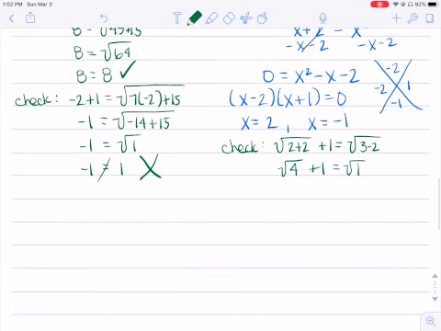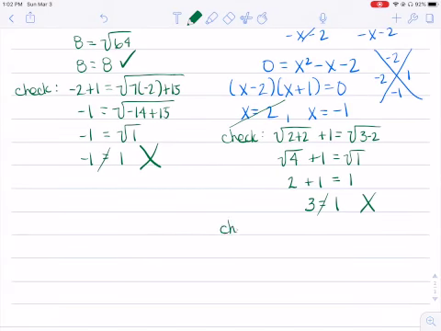Just working the math here. 2 plus 2 is 4. Square root of that is 2. And then 3 minus 2 is 1, and the square root of 1 is 1. So my final answer is 3 equals 1, which is obviously not true. So this x equals 2 is not a solution, and you want to cross it out.